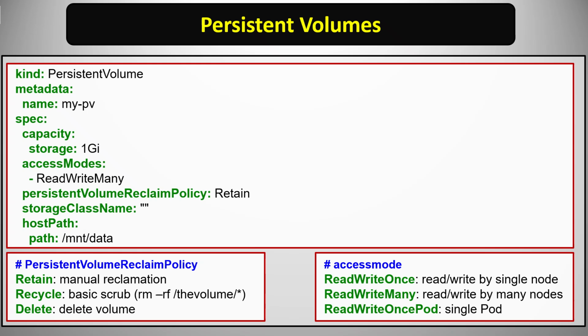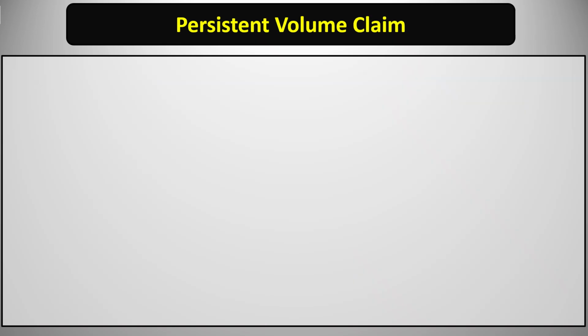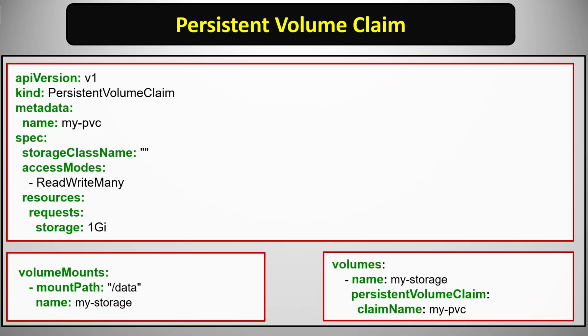Then there are access modes. The first one is ReadWriteOnce, which is read and write by a single node. ReadWriteMany means read and write by many nodes. And ReadWriteOncePod is read and write by a single pod. This gives admins fine-grained control over how storage is reused. Now coming to the persistent volume claim manifest file, which is a YAML file.